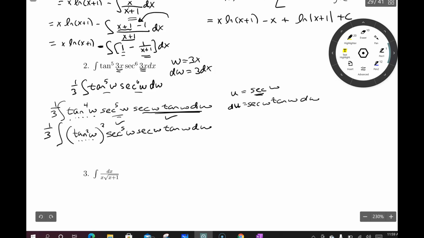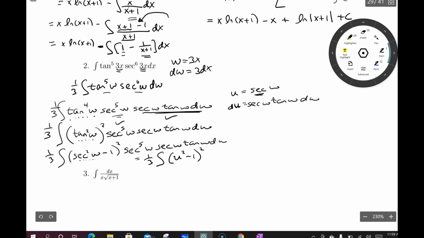Okay, so let's replace this with secant squared w minus 1, carrying all this along. Now let's do the substitution. So I'd get the number 1/3 in here. I'd get u squared minus 1 squared. This gives me a u to the 5th, and there's my du.